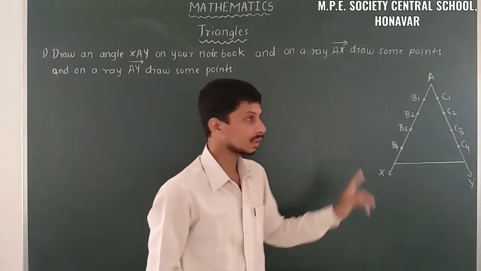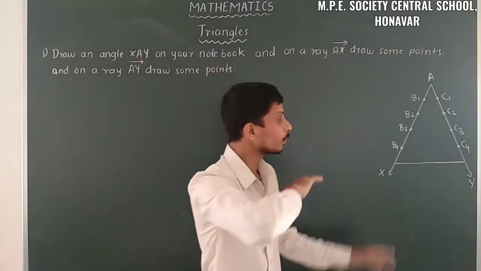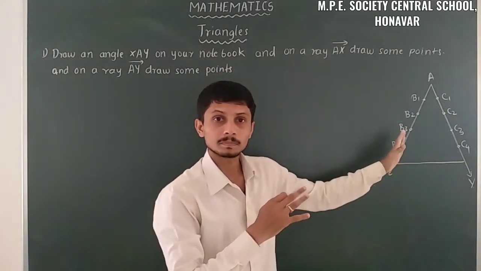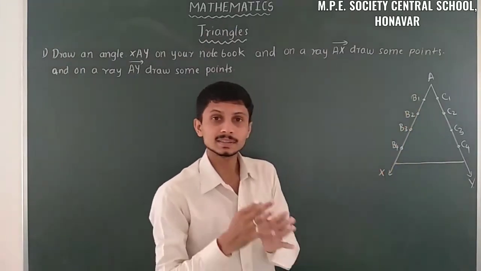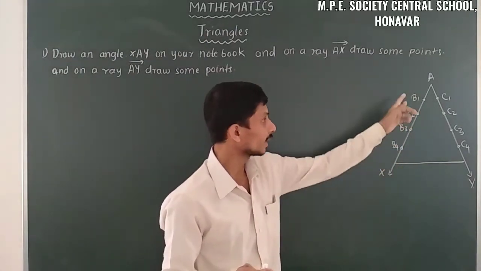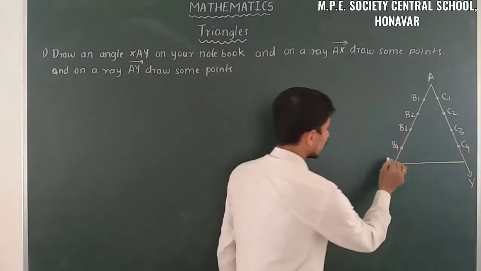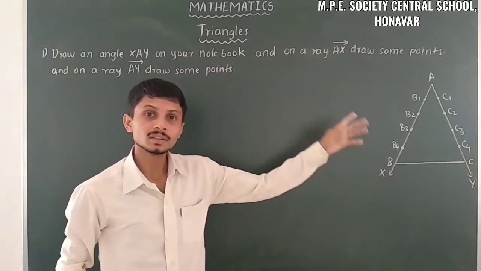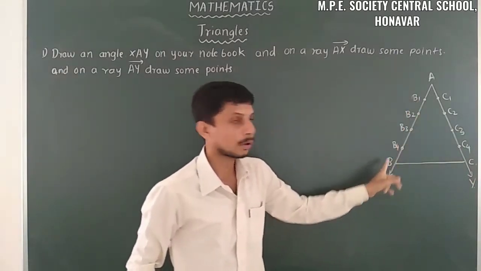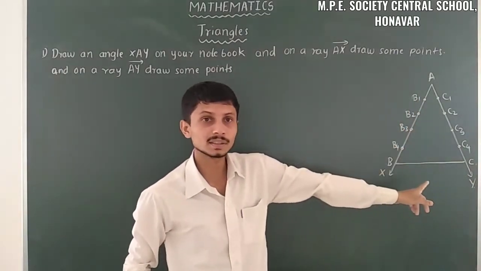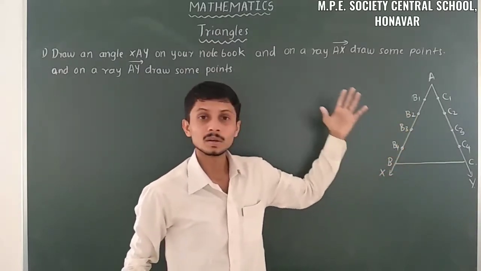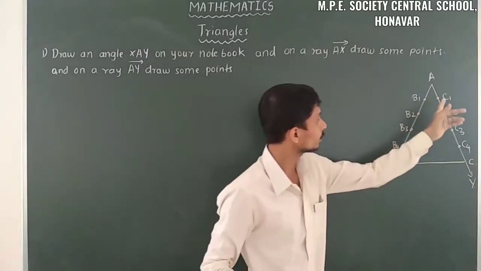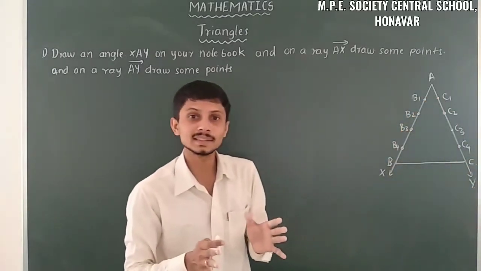So there are 4 points, and these 4 points divide the AX line. So here we have a BC line. B1, B2, B3, B4 divide the AB line into 5 equal parts, and C1, C2, C3, C4 divide AC into 5 equal parts.